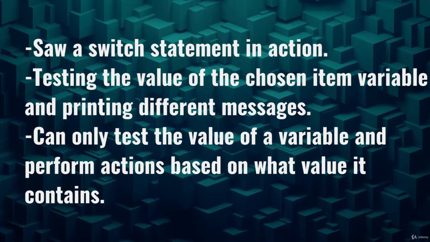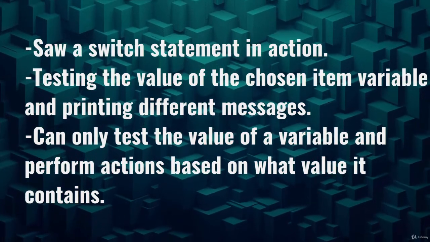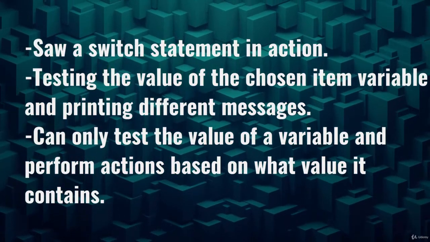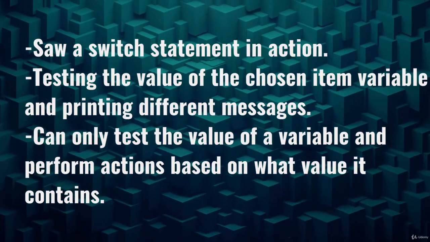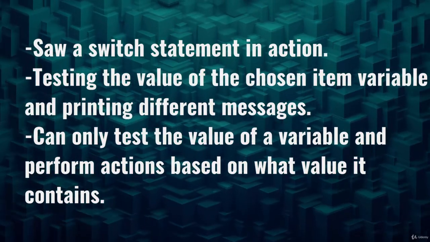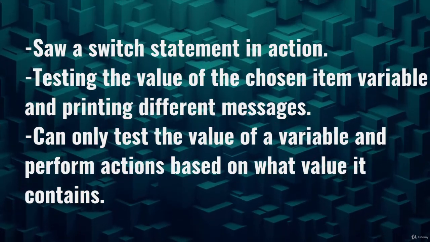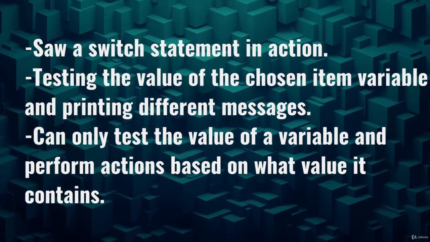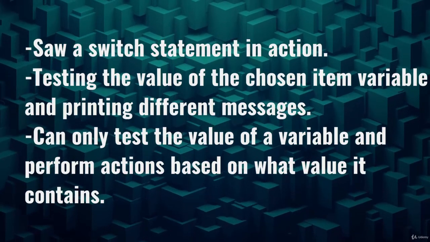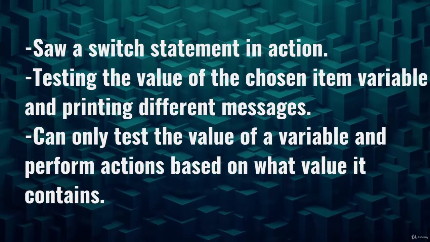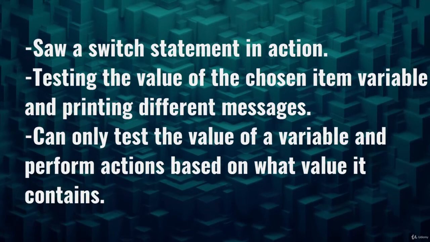The chosen item variable could have been one of three choices: first was money, then map, and then cell phone. Each case was testing one of those three options, and then the default case had a print statement as well.